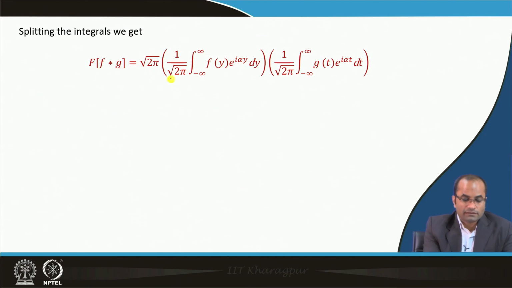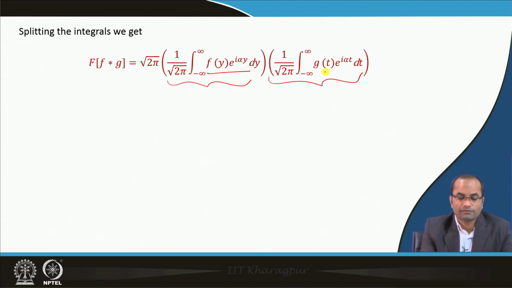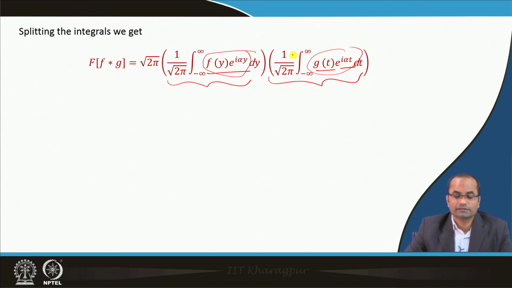And then we can segregate into two integrals: f(y) e power i alpha y, and g(t) with e power i alpha t. We have split it into two integrals because one function depends on y only, and the other depends on t only.